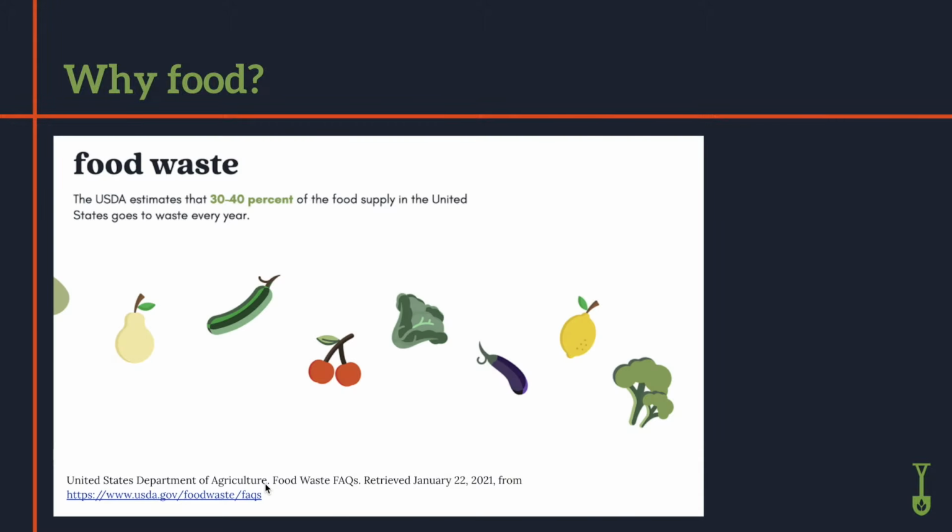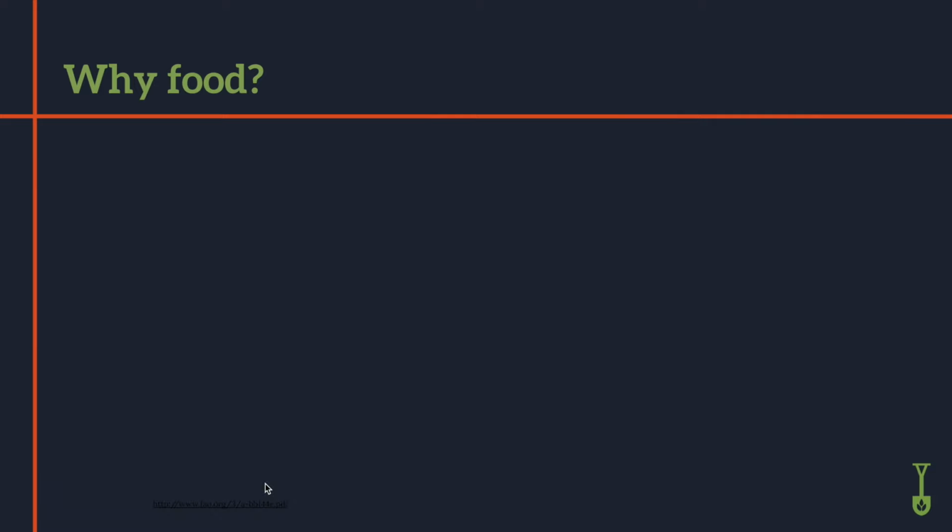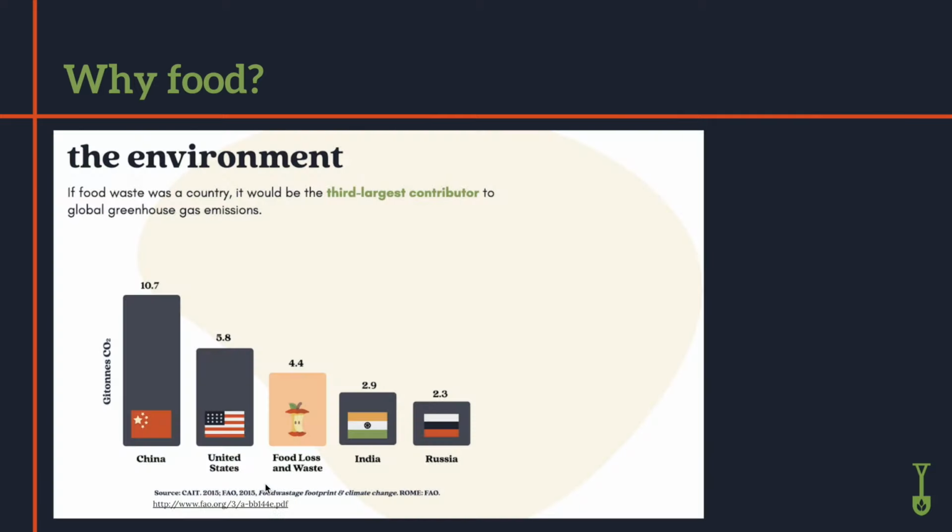These facts are even more horrifying when we realize that about 30 to 40% of our country's food supply is actually going to waste every single year. And global food waste also harms the environment. If we were to consider global food waste to be a country, it would be the third largest contributor to global greenhouse gas emissions.